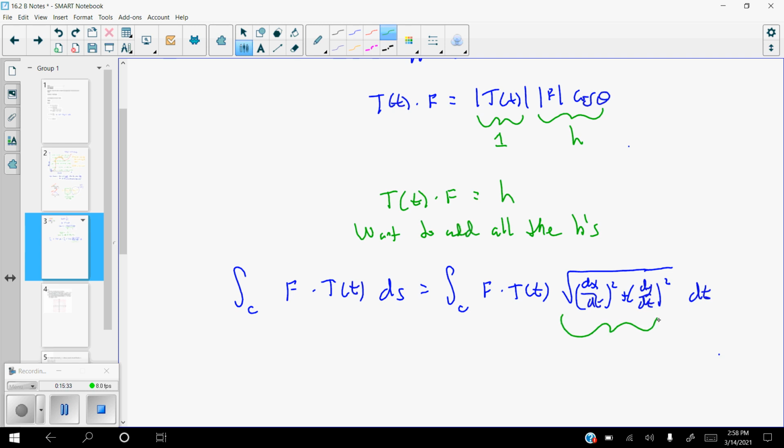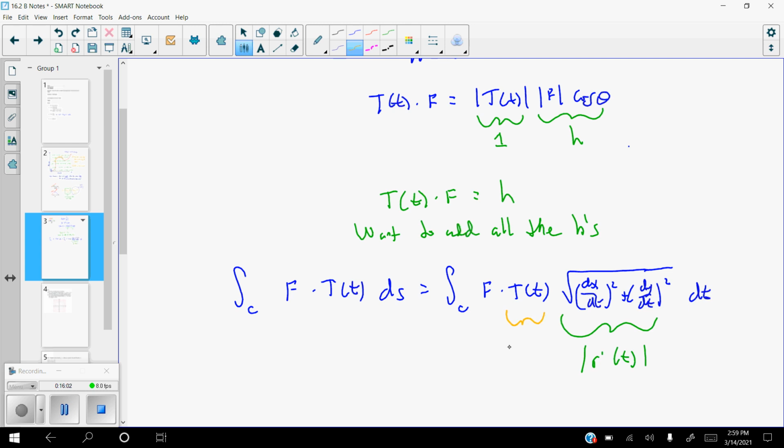Well, according to what we said on the first page, that's just the magnitude of r prime of t. Right? Because the dx/dt and the dy/dt is really just the r prime of t. And when you take the magnitude, you take the r prime components, square them, take the square root. That's what that is.